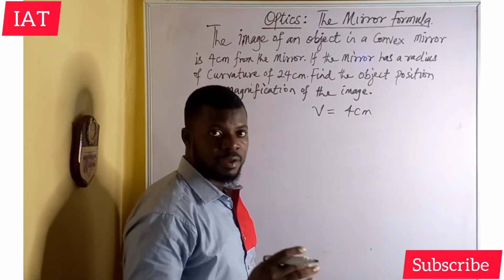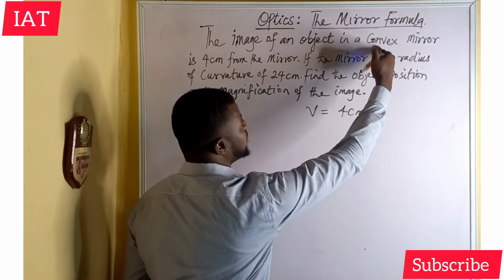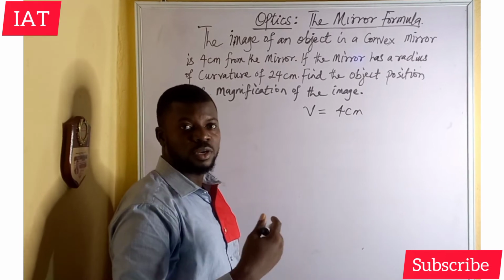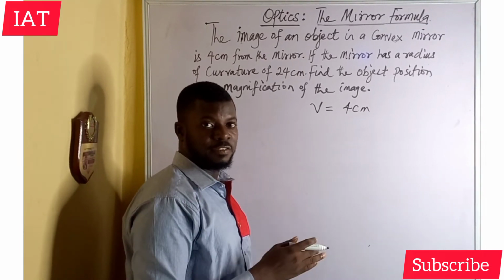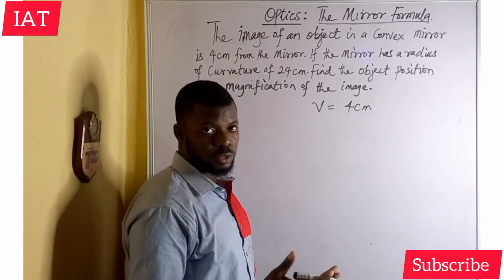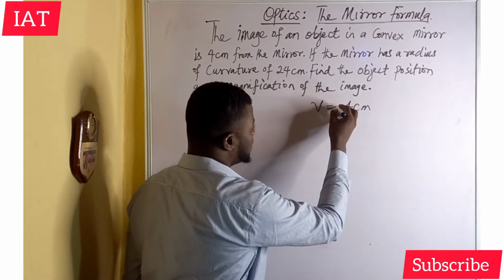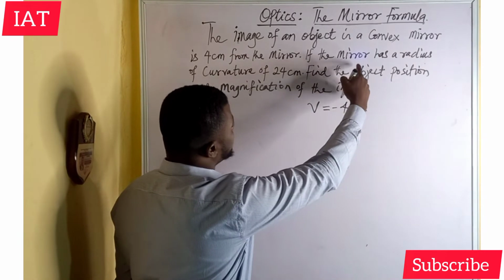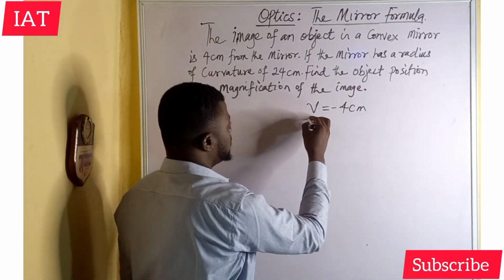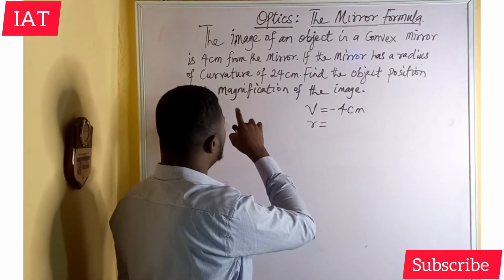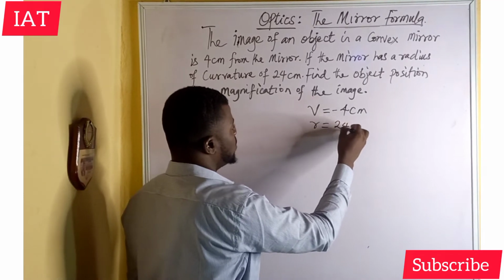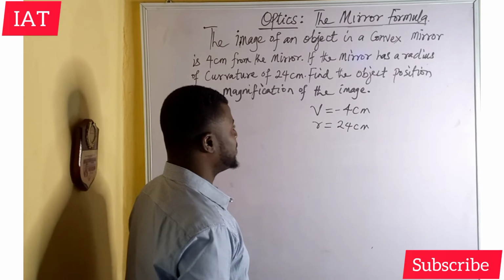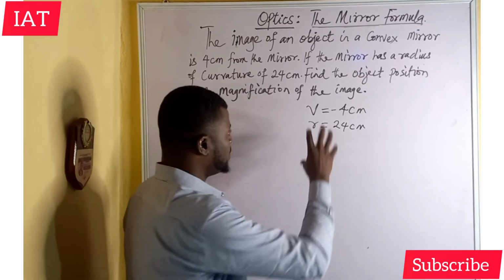But remember, I just explained that for convex mirror, the sign is negative because the image is virtual, and when it is virtual, we add a negative sign to it. Again, if the mirror has a radius of curvature of 24 centimeters, find the object position and the magnification of the image. So we've gotten the parameters we need.